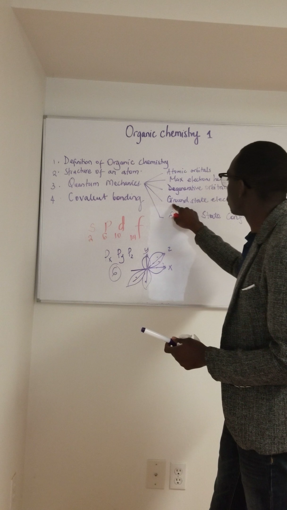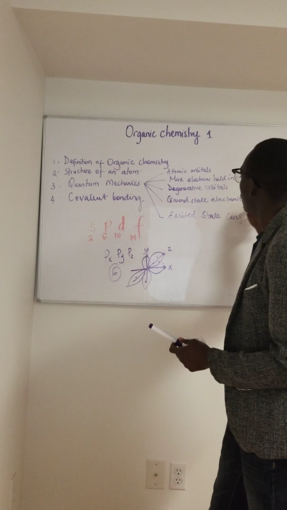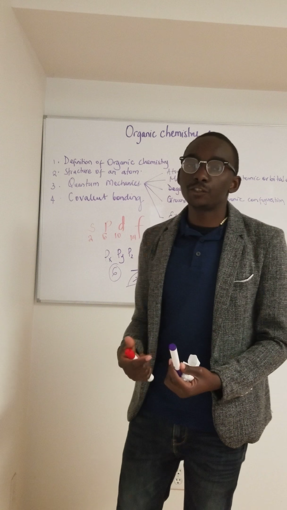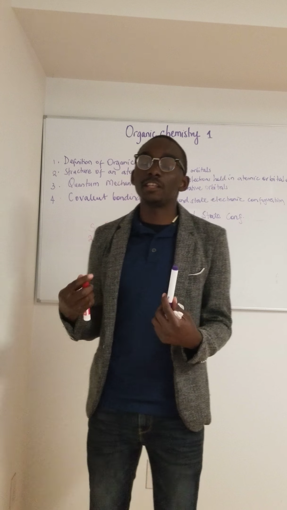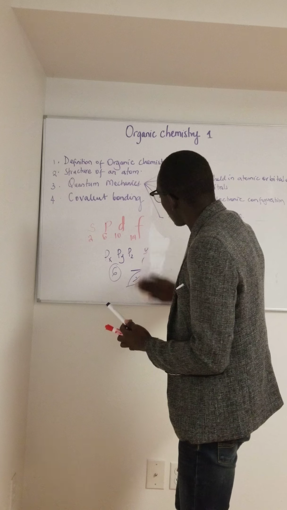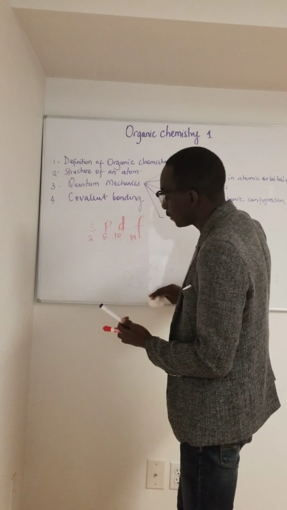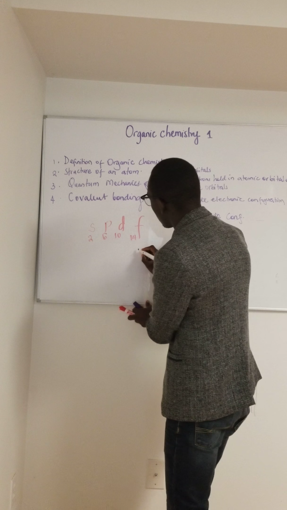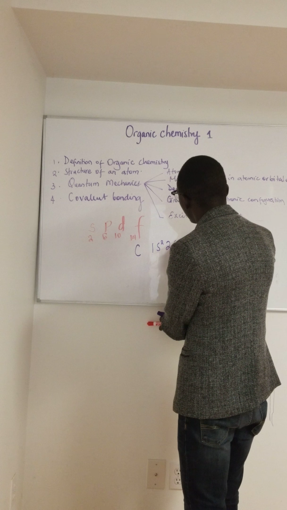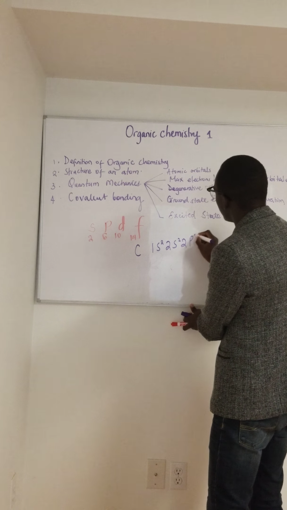Then to drop down to ground state electronic configuration, this is basically telling us the electronic configuration of an element in its stable state. For example, if I may choose carbon. Carbon is atomic number 6. So carbon has an electronic configuration of 1s2, 2s2, then 2p2.